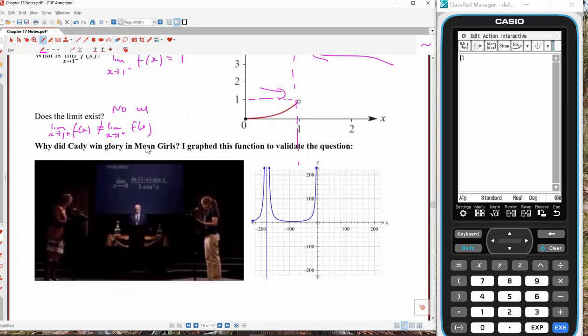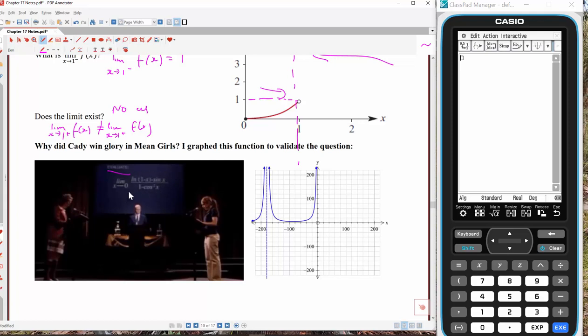There is the famous clip. The movie's probably getting a little bit old and dated now. I'm not sure whether you've seen Mean Girls, but there's this famous clip at the end where Cady squares off against the resident math nerd from the other school and gets this particular question. She wanted to evaluate the limit as x approaches 0 for this particular function. Pretty nasty looking function.